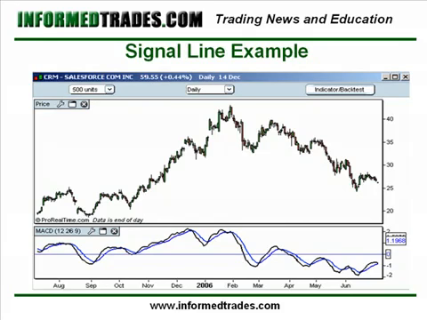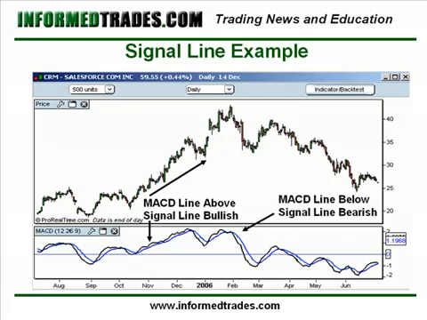You can see here the MACD crossing above the signal line is further confirmation that there's bullish momentum in the market. You can see it crossing below, and it actually crosses below at the top peak of the market there, and that was a bearish sign, and a very good signal that this particular indicator caught on the bearish side, because the market did sell off after that.